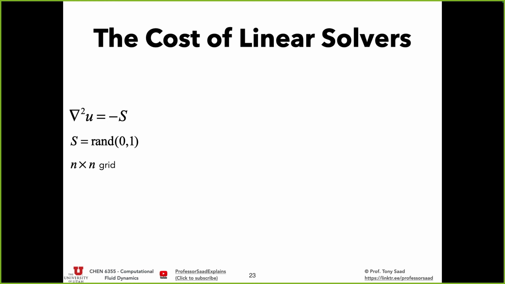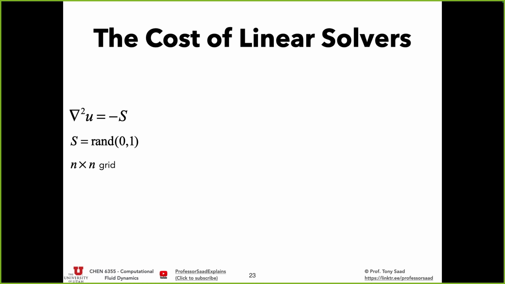This is a problem that you will do in your homework to reproduce the same results that I'm going to show here. I'm taking the Poisson equation in 2 dimensions, so n points in the x and n points in the y direction: del squared u equals s. You discretize this in the finite difference sense. And the right-hand side is just a bunch of random numbers in the domain, so they're all going to diffuse to 0 eventually, okay?